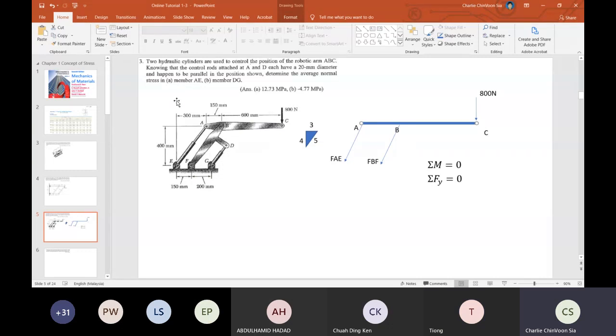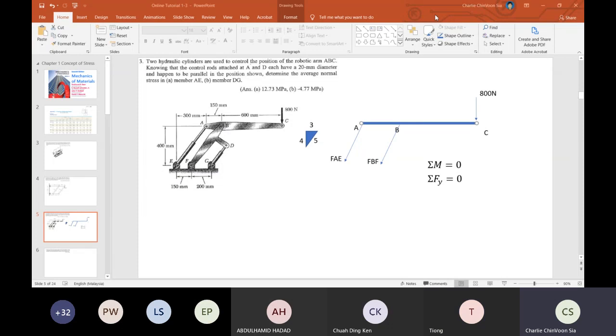So in this case, how do you calculate the force for member DG? Does anyone face any difficulty to calculate the force for member DG? Anyone? You can just turn on your mic and respond to me.